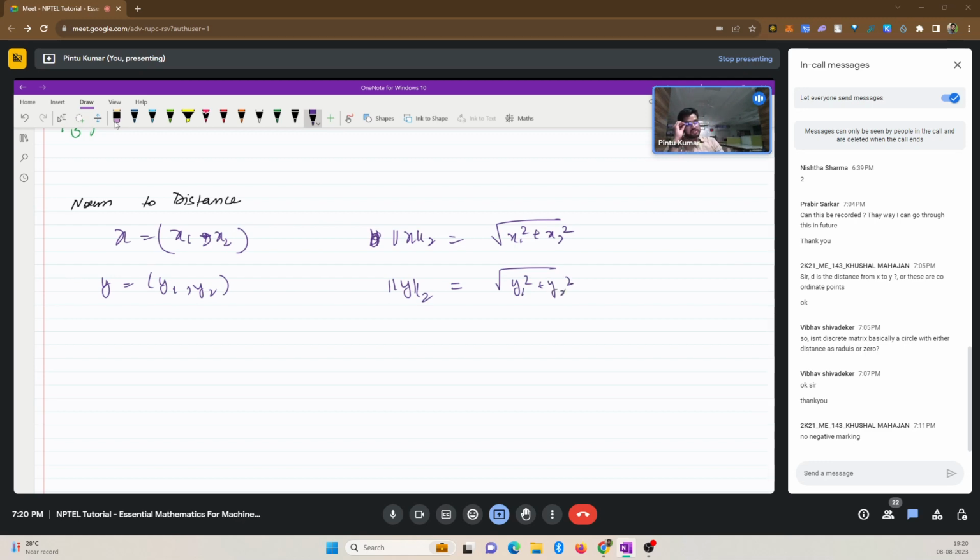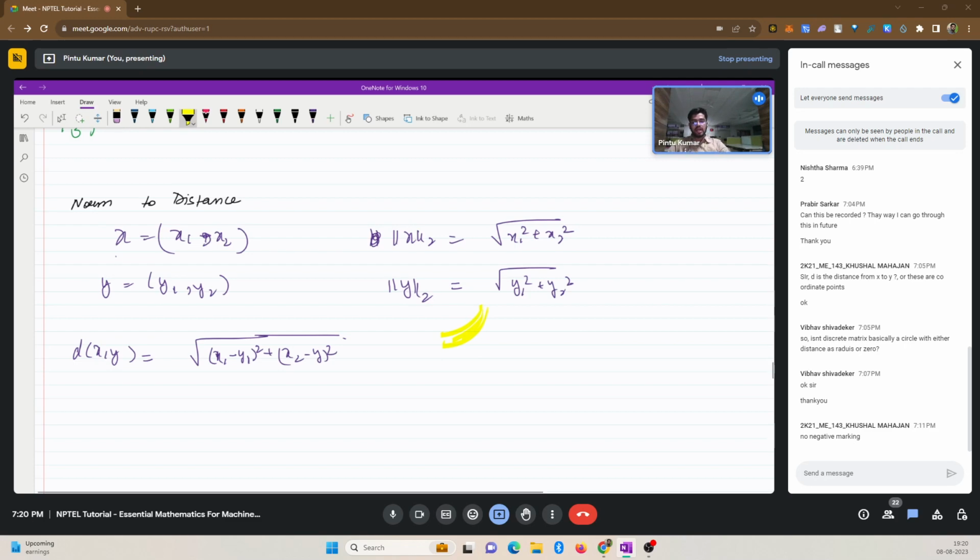Now if somebody asked you to find the distance between x and y in the Euclidean sense, what is it? The distance between x and y would be the square root of (x1 minus y1) square plus (x2 minus y2) square. Can you draw some relation between this formula and this formula over here?